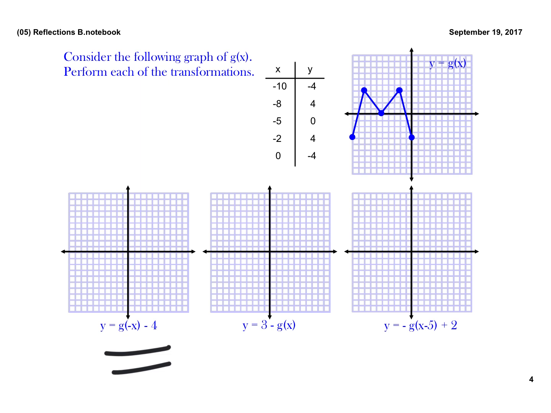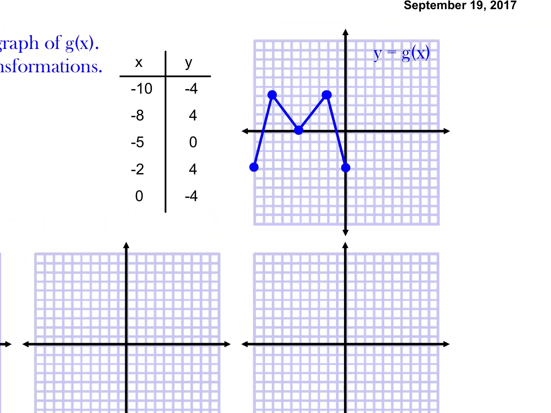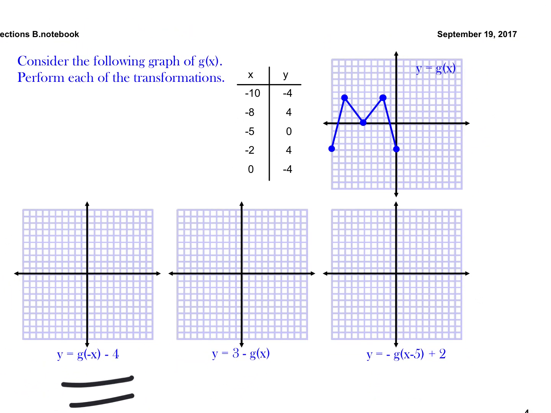Now, could you just flip this thing and move it down 4? Yes, but it would be very hard to do. Imagine the flipping part of getting all the dots in the exact right spot and then moving them all down 4. Do you get how that would be hard?